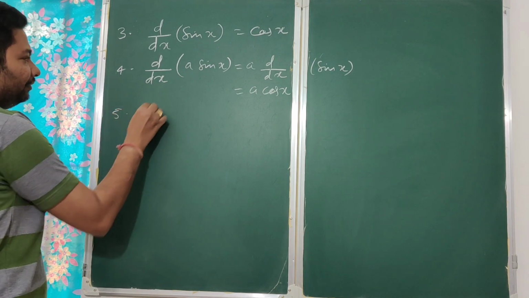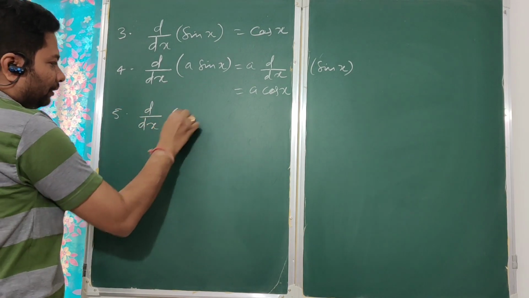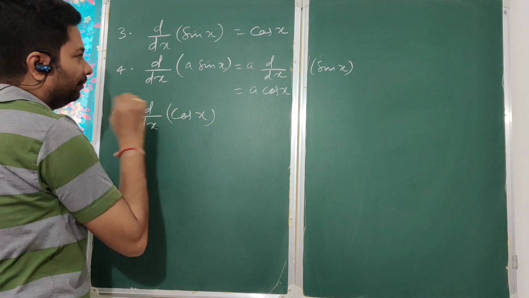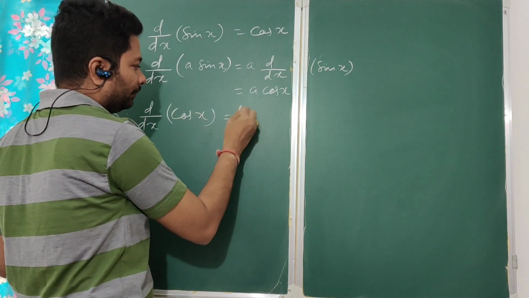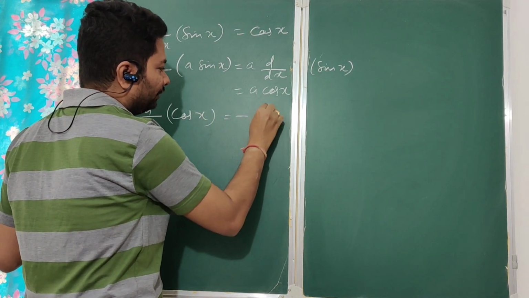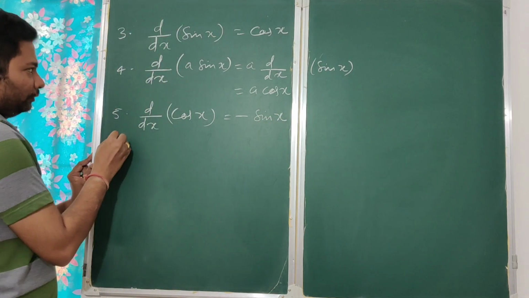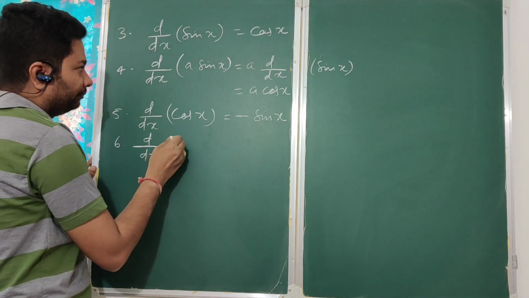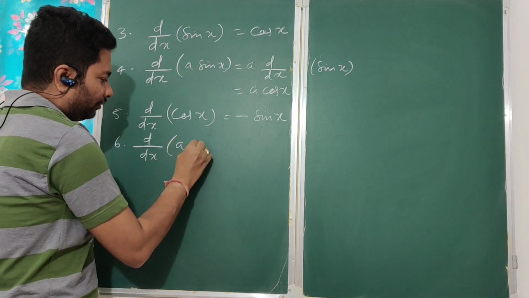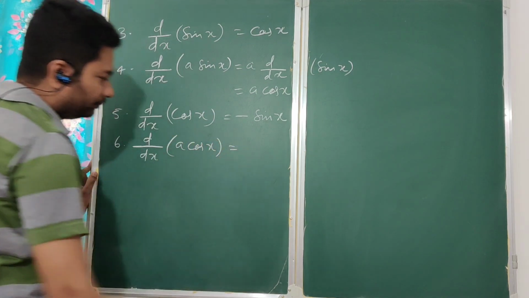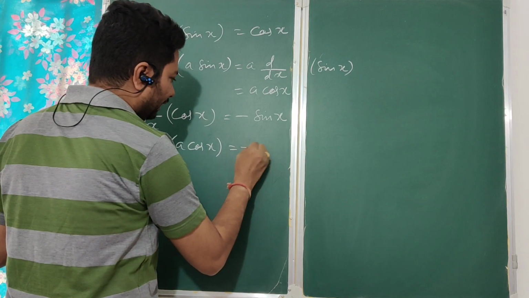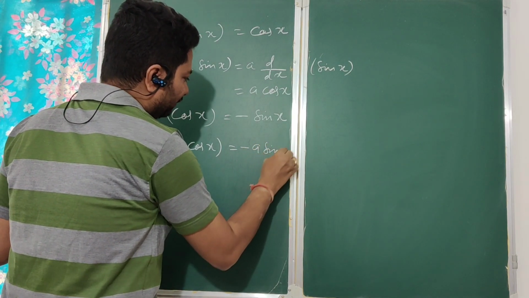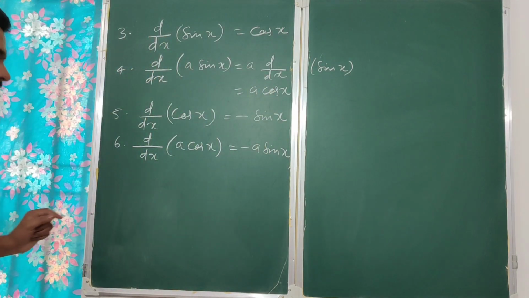Similarly, you can have d by dx of cos x, and this can be written as minus sin x. So the extended form is d by dx of a cos x, which is equal to minus a sin x in the similar way.